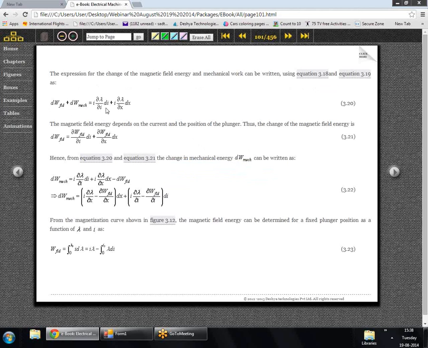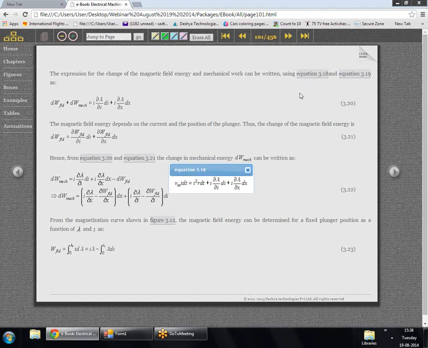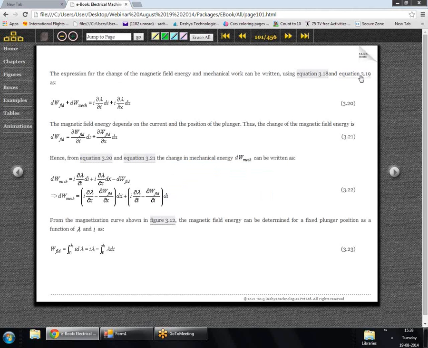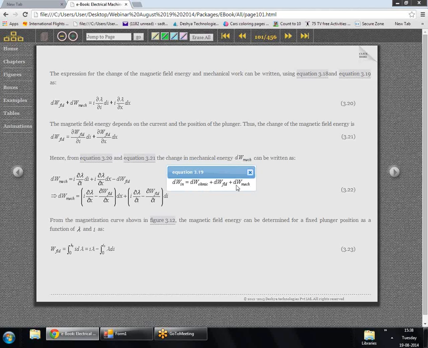Now what I do is I just focus on the field energy. So the field energy that we have, dWFLD, is itself a function of current and displacement. The field energy was represented by equation 3.19, the energy balance equation that we had.